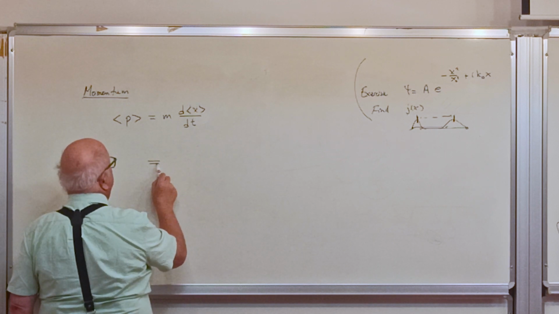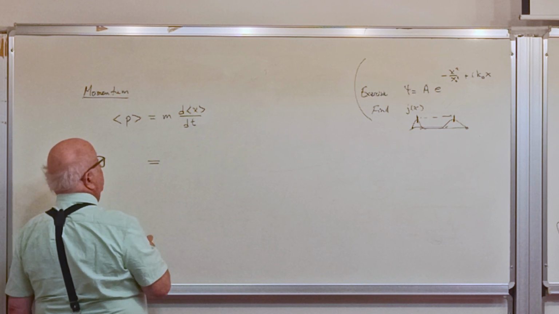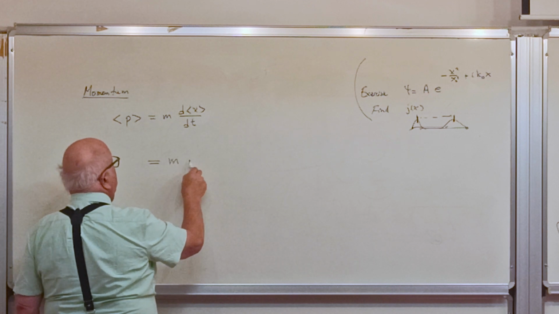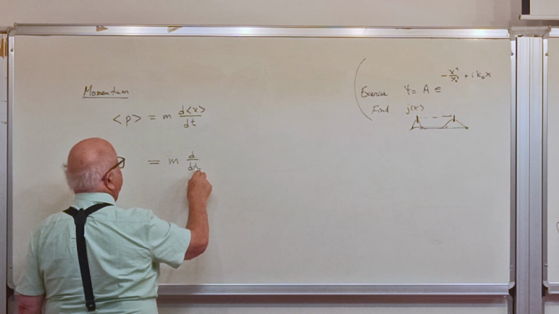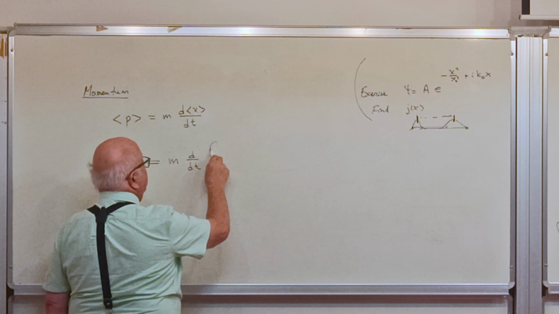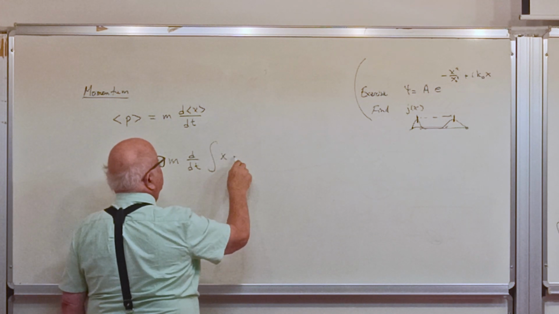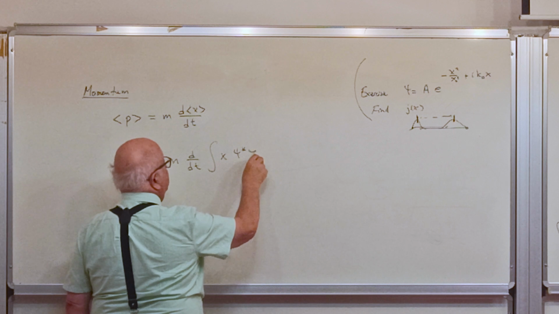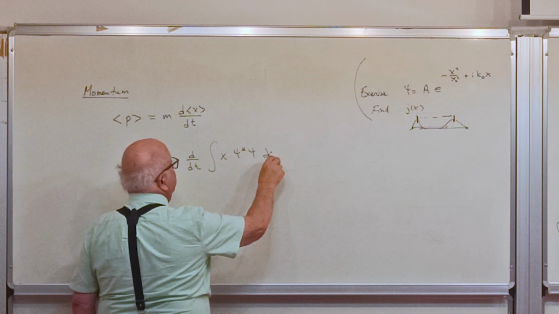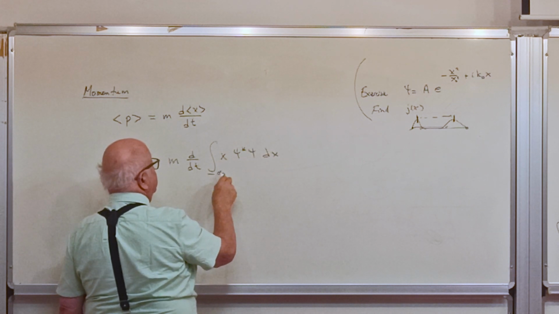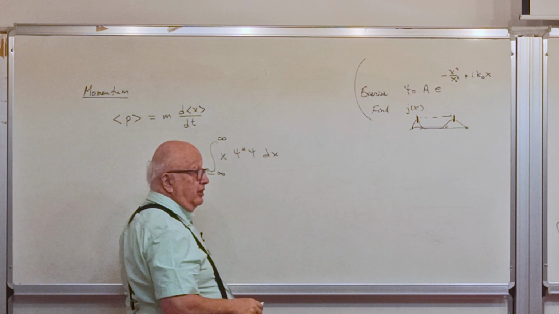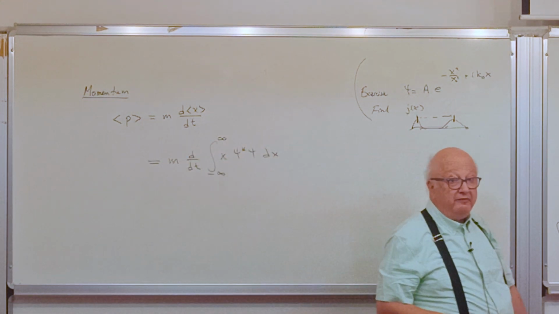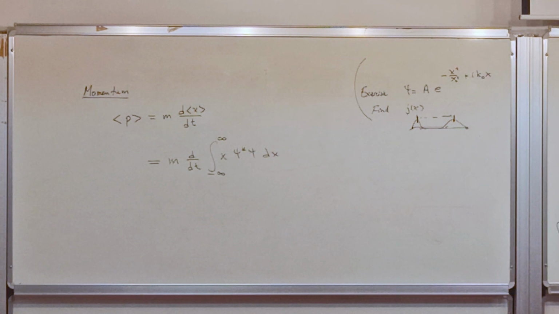Okay, so I'm going to get m d/dt of the average value of x, which is going to be the integral of x times psi star psi dx. And now I integrate from minus infinity to plus infinity. I'll assume that this is a nice normalizable wave function. All right. So what happens?